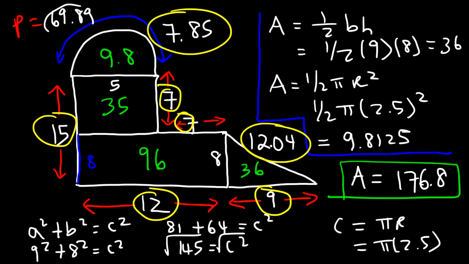At least that's what I got. I'm going to double check my numbers just to make sure I typed in everything correctly. But that should be it, 69.89. So now you know how to find the area and a perimeter of irregular figures.